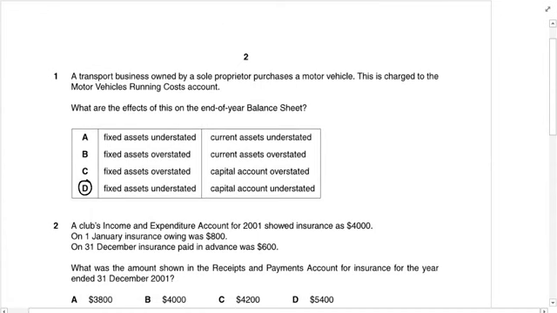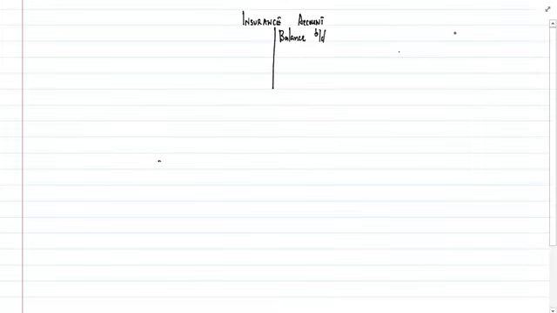So insurance account. Right, at the beginning of the year there was an accrual or an owing. An owing is known for having a credit balance. So I'll come and put my balance brought down. Right, let me check the amount. The amount is 800, so 800 there.